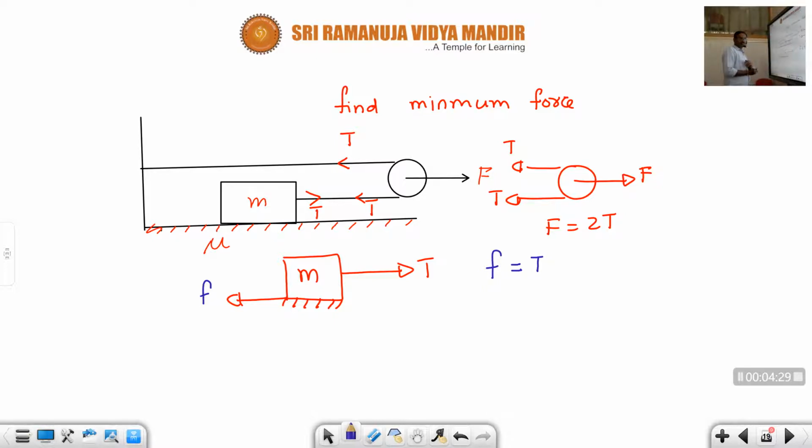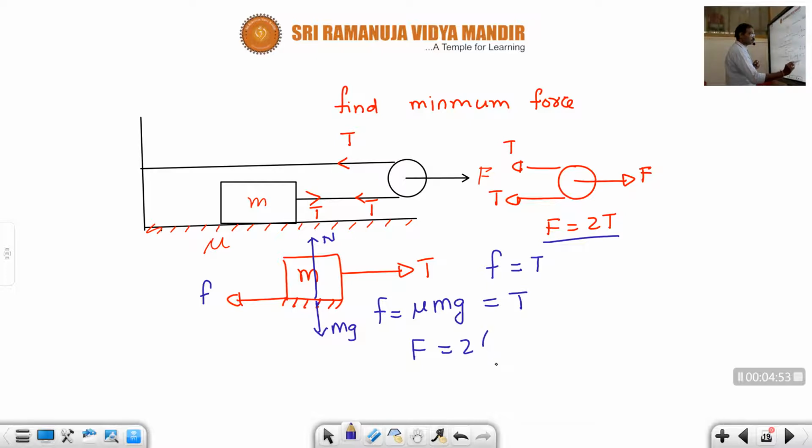Here, this is the normal reaction N, and this is the weight of the block mg, and then frictional force F is equal to mu into mg, which is equal to tension T, and therefore the force required, F, is equal to 2 into mu into mg.